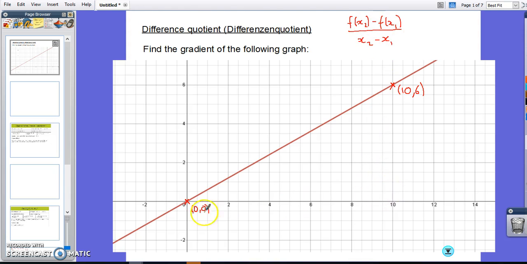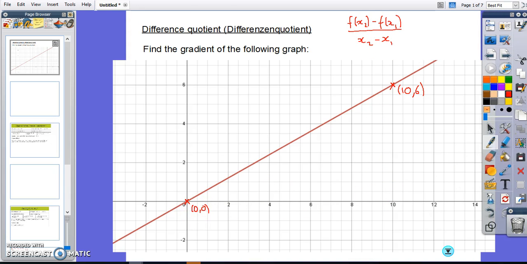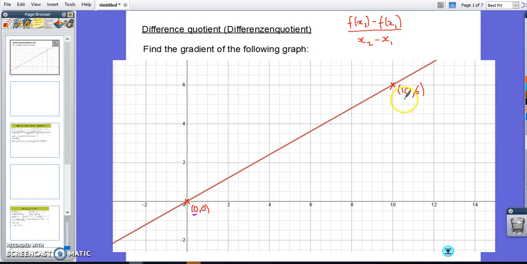We have one x here, let's get a different colour, at 0, and another one here at 10. So I can define which of these will be my x2 and which of them will be my x1. As I'm doing x2 minus x1, it would be best if this is x2 and this is x1. And that's also convention, to have your x2 as the one that's further along. So I've got an x2 and I've got an x1.